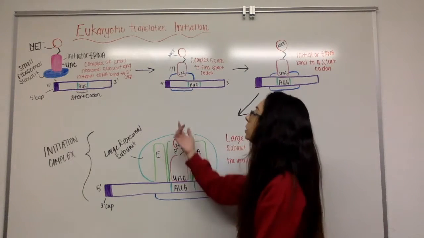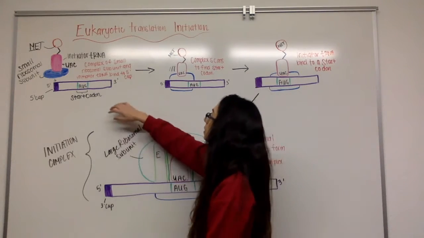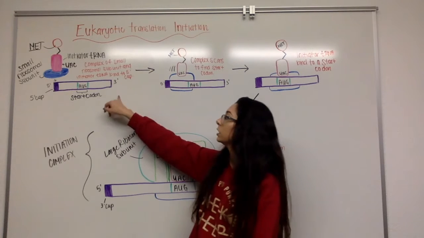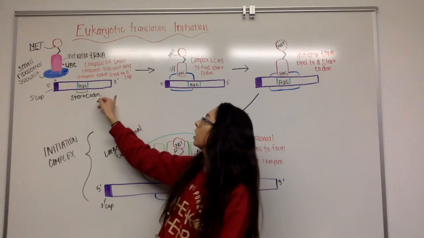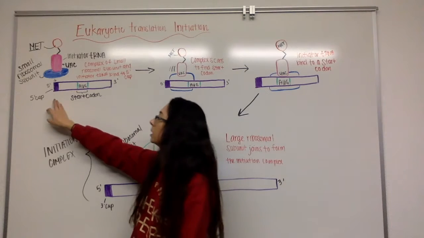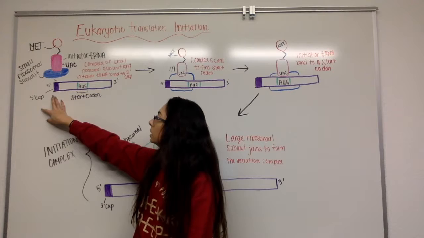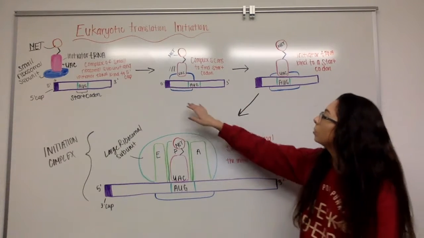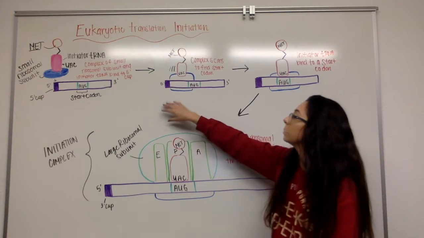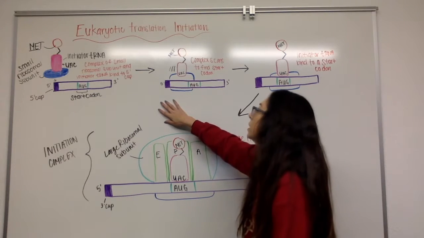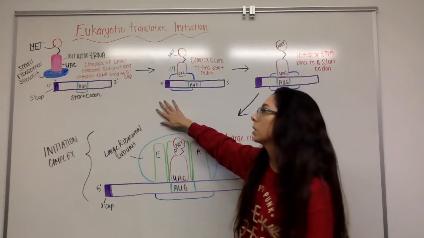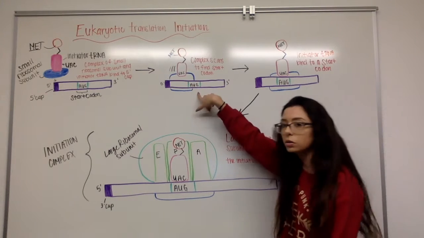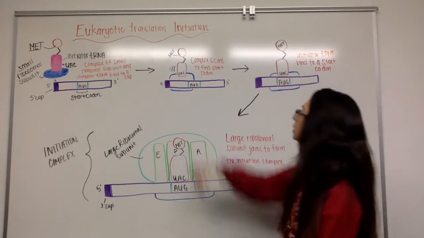First, shown in the diagram, the small ribosomal subunit and the initiator tRNA bind to the 5' cap of the RNA, and then after that, the complex made up of the tRNA and the amino acid in the small ribosomal subunit slides across until it finds the start codon, which is almost always AUG.